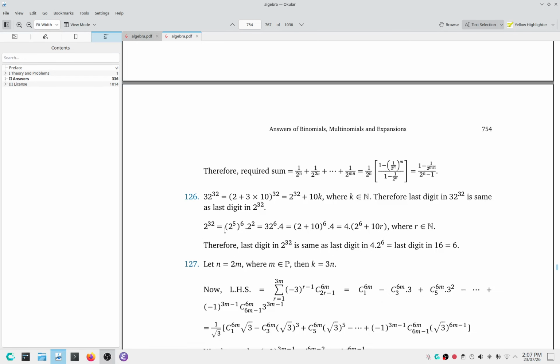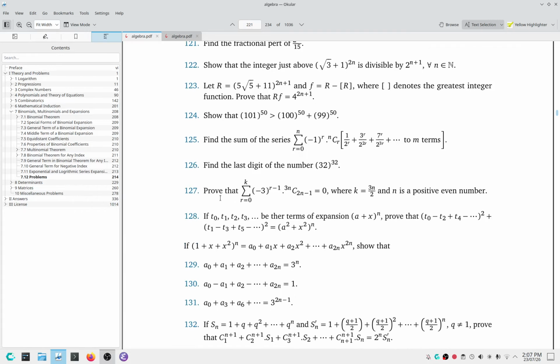Now 2 to the power 32 can be written as (2 to the power 5) to the power 6 times 2 square, that is 32 to the power 6 times 4, which is equal to (2 plus 10) to the power 6 times 4, or 4 times 2 to the power 6 plus 10r. Therefore, the last digit in 2 to the power 32 is the same as the last digit in 4 times 2 to the power 6, which is equal to the last digit in 16, so the last digit is 6.